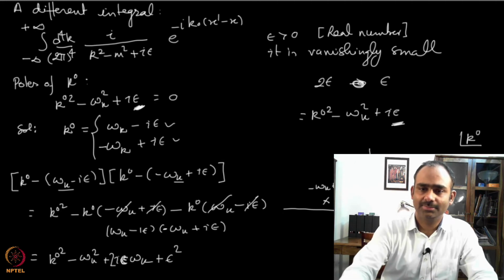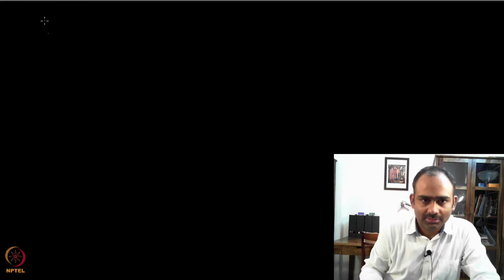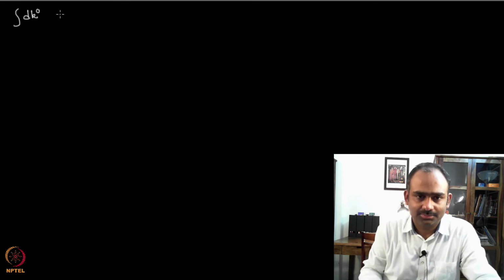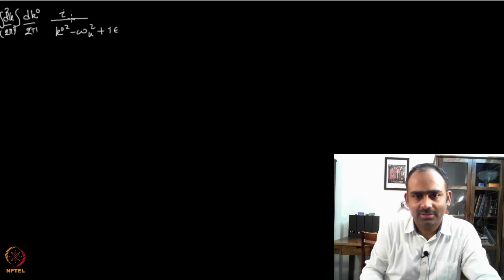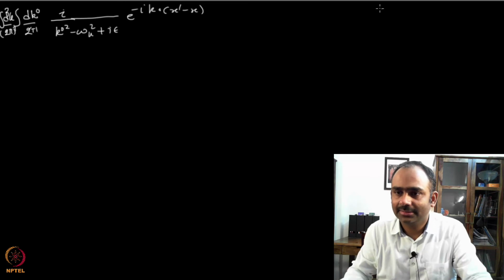Yeah. So, let us go to the next page. So, I have dk 0, I over, and of course, d cube k is also there, and all the factors of 2 pi, k 0 square minus omega k square plus I epsilon, right, and e to the minus I k dot minus x, and the situation is this.